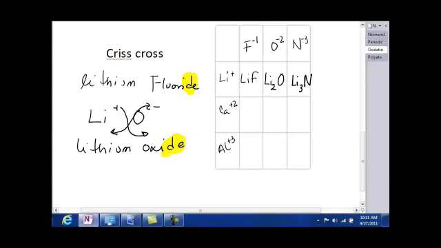What about if calcium is going to combine with fluoride? What is the formula for that compound? CaF2. And the name for this compound would be what? Calcium what?